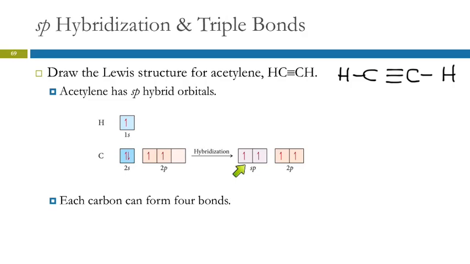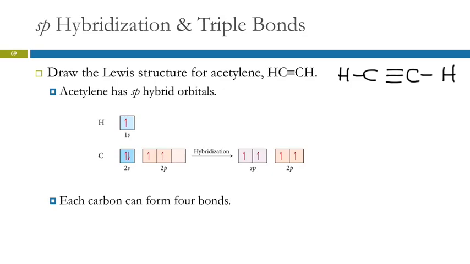This sp hybrid orbital can overlap with the hydrogen. End-to-end overlap, a sigma bond. This sp hybrid orbital can overlap with a second hydrogen. What's happening in the middle, wait a minute, back up. That would be talking about hydrogen with 2 carbons on it.